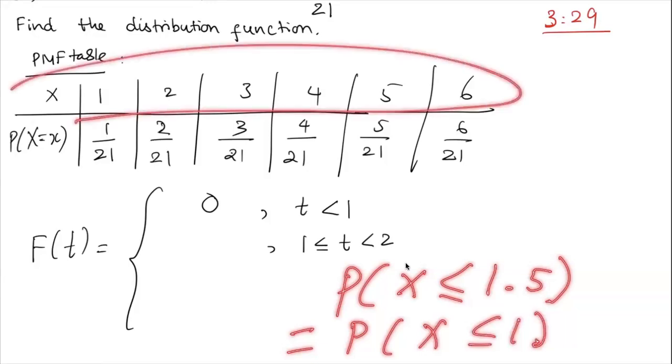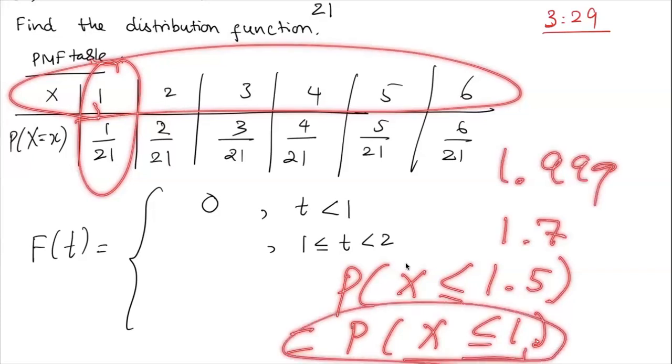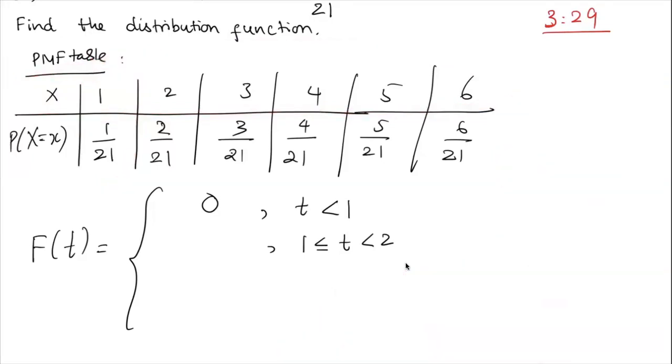If you look at all possible values of x, which one is less than or equal to 1.5? This one, right? And it is also less than or equal to 1. If you do 1.7, it will still be the same probability, or 1.999, it will still be the same probability. And it is just 1/21.